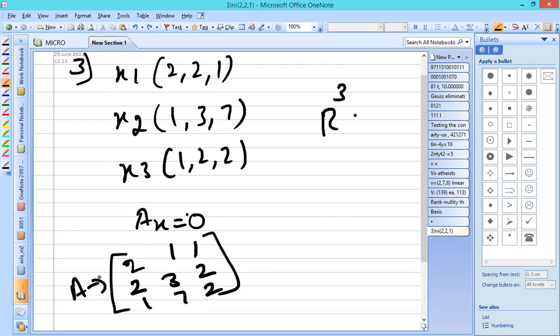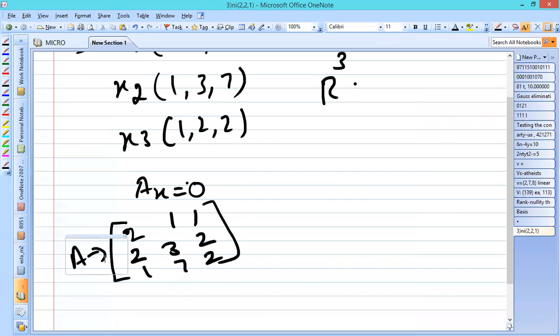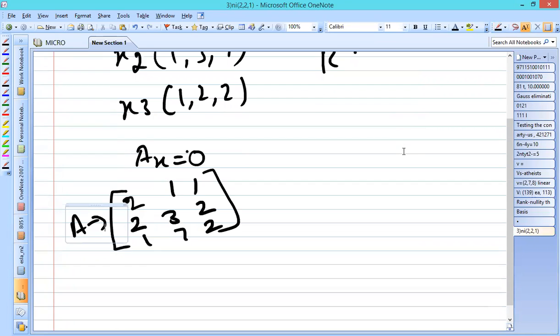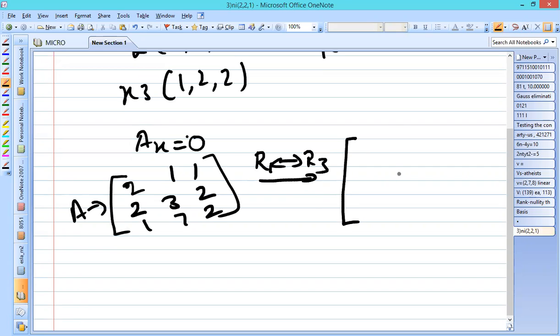On this, you just perform the row echelon method and tell me the rank of this matrix. For this matrix A, first exchange R1 with R3 and rewrite the matrix.